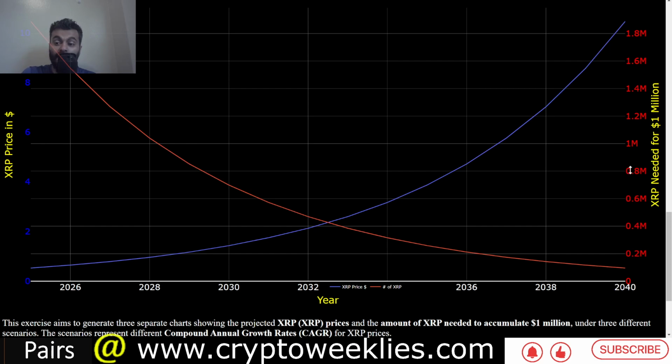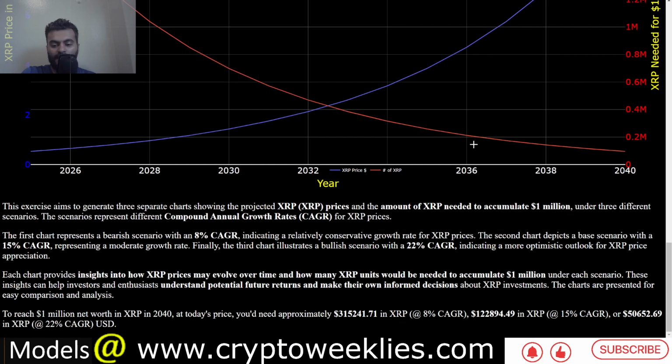If you are interested in 10k worth of XRP, divide everything by 100. If you are interested in only 100k worth of XRP, divide everything by 10, and so on and so forth. So this is just a model. To have 1 million worth of XRP in 2040, you would need around 315k XRP today.